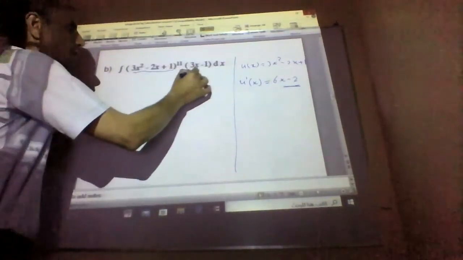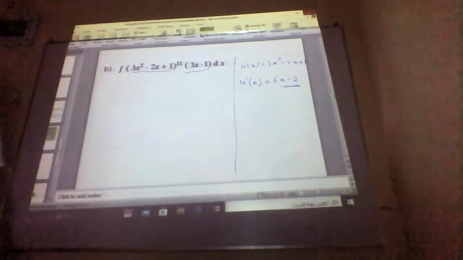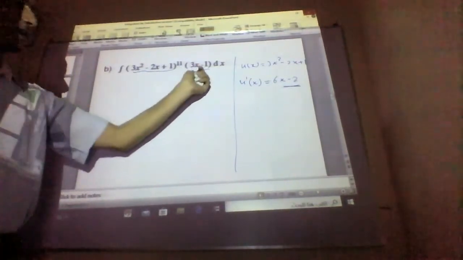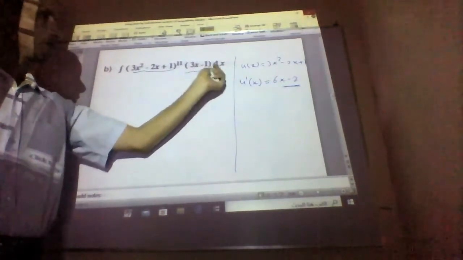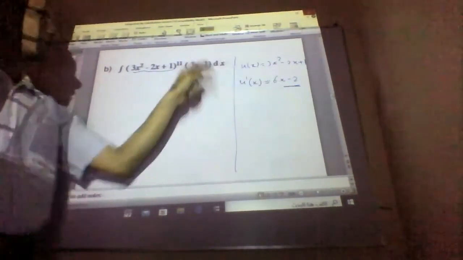But our function is 3x minus 1, not 6x minus 2. We can make it 6x minus 2 simply by multiplying by 2.